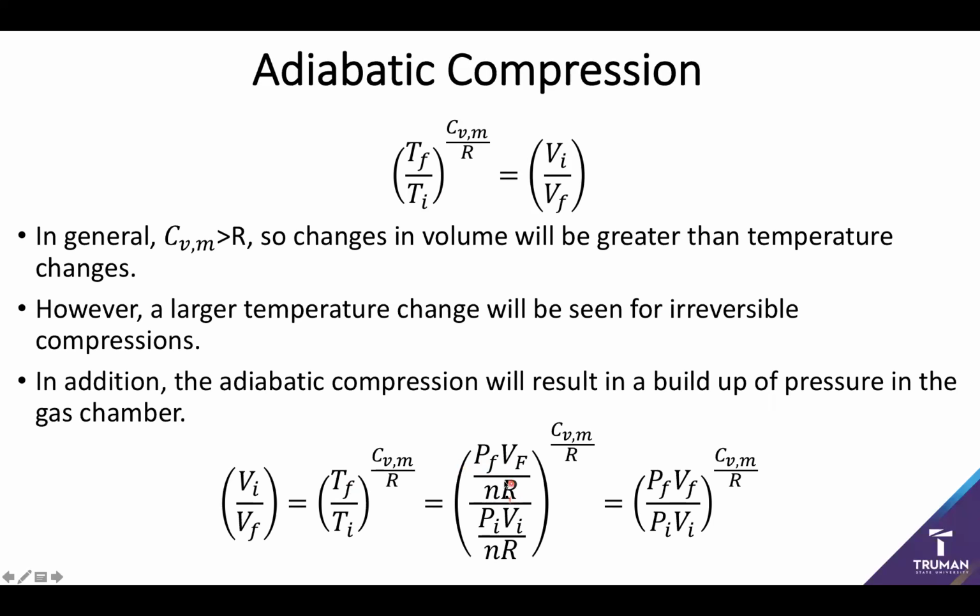Because again, we're assuming a closed system, so n is going to be constant and R is a constant by definition. So what we're going to then see is that our constants end up canceling out, and the ratio of our volumes is going to be related to a corrected ratio of pressures and volumes for our final over initial system.